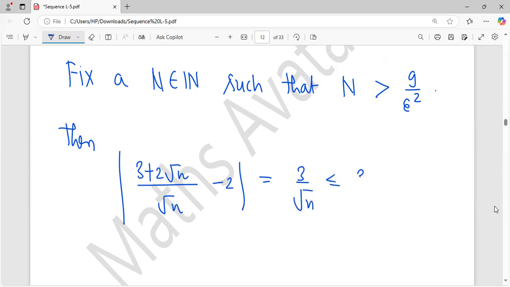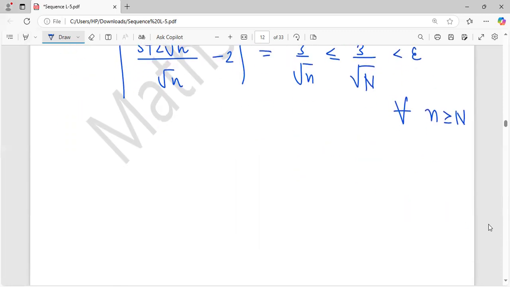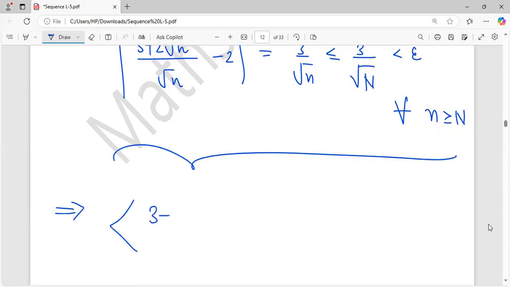That will be less than 3 upon root N, that is less than epsilon for all n greater than N. So what is the meaning of this? This means this sequence converges to 2.